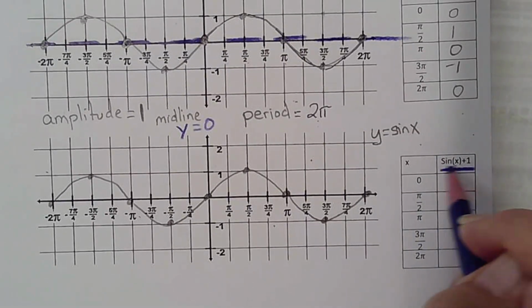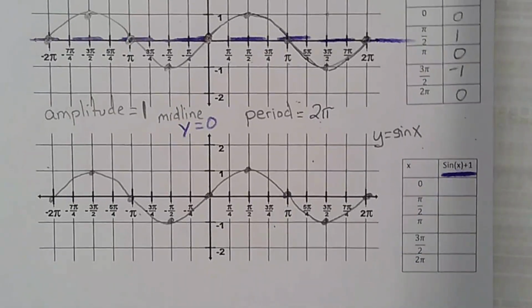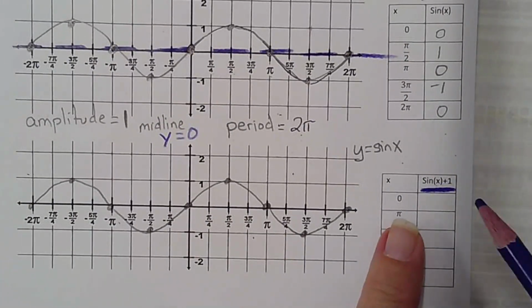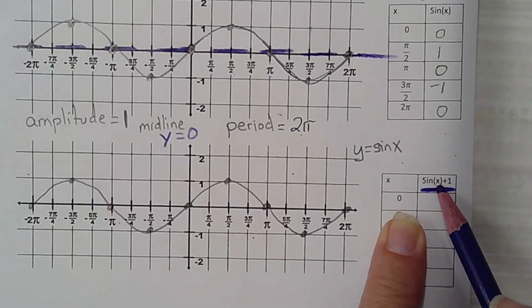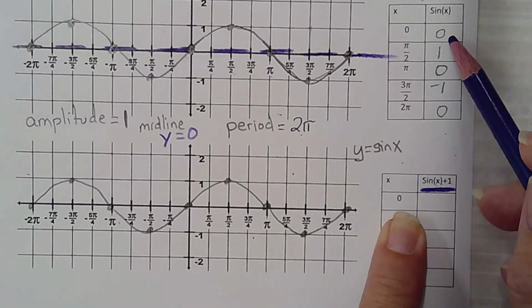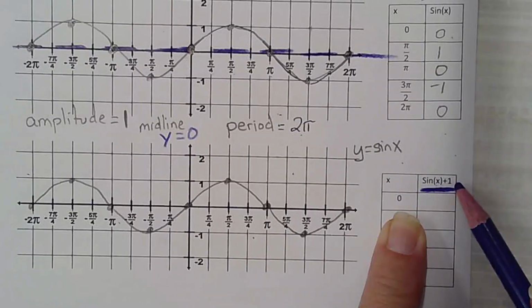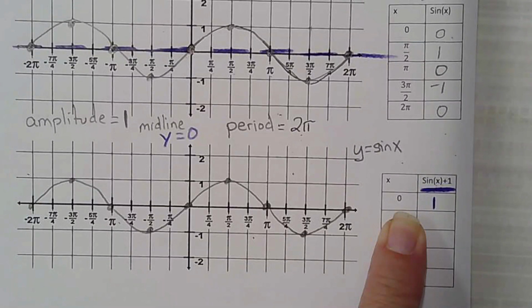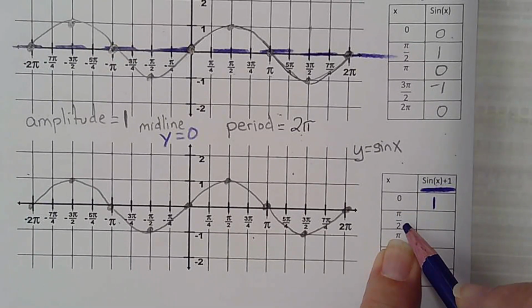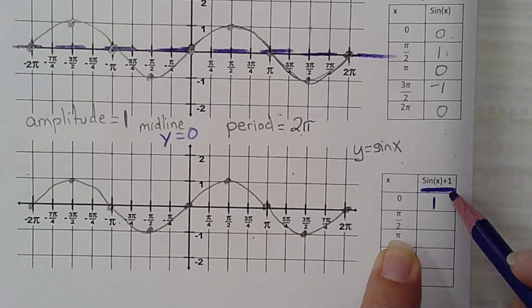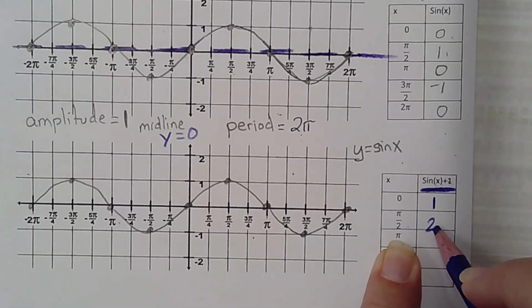But now with my colored pencil, I want to graph y equals sine of x plus 1. If I plug in a 0, the sine of 0 is 0, plus 1 is 1. If I plug in pi over 2, the sine of pi over 2 is 1, plus 1 is 2.